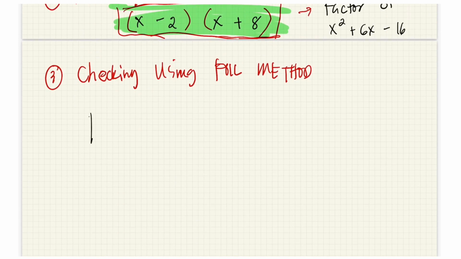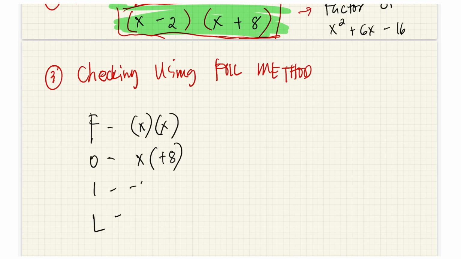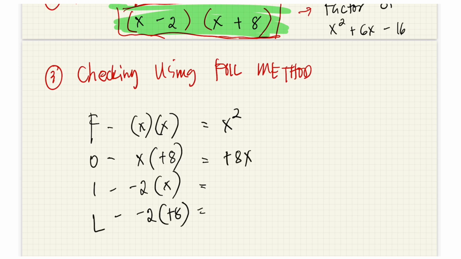We have x times x, and we have x times positive 8. Next one is negative 2 times x. Next we have negative 2 times positive 8. We have x squared, positive 8x, negative 2x, and negative 16.